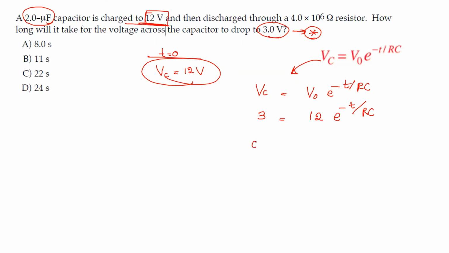When I simplify this, I get 0.25, because 3 divided by 12 is 0.25, equals e to the power negative t over RC. Whenever you have an exponent, what would you do? You will take the ln. Since this is an equation, you have to take the natural log of both sides.